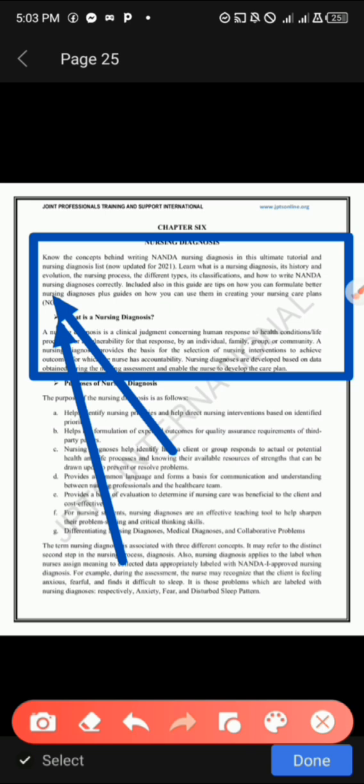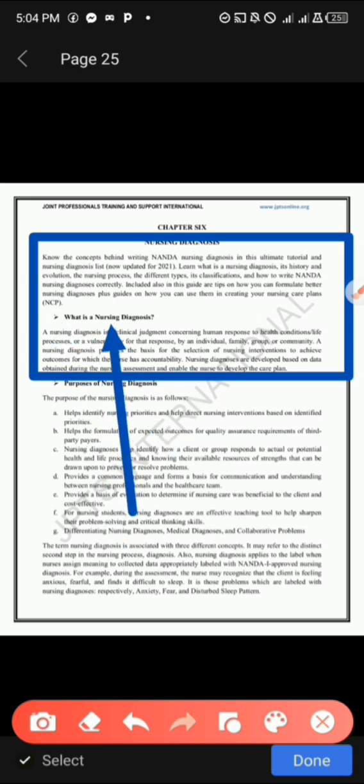What is nursing diagnosis? A nursing diagnosis is a clinical judgment concerning human response to health conditions, life processes, or a vulnerability to those responses by an individual, family, group, or community.